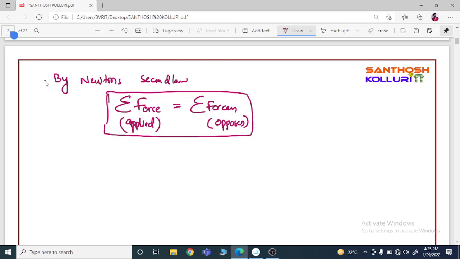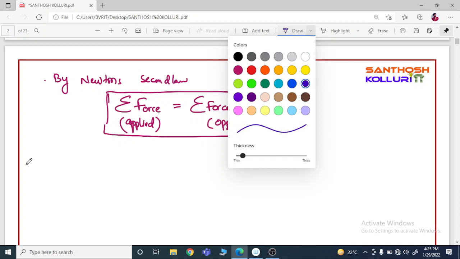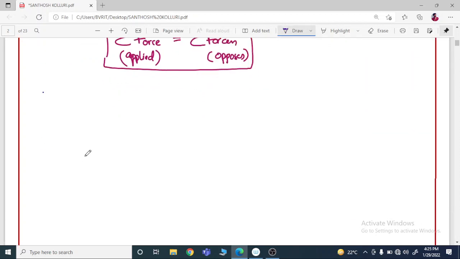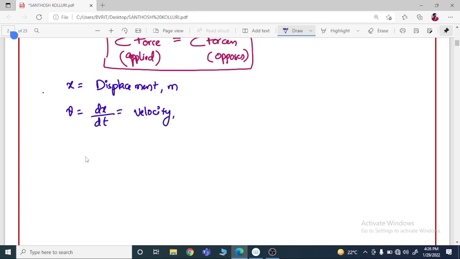Before going further, we will see the list of symbols used in the representation. First, X is the displacement, represented in meters. V is the differentiation of the displacement, which is velocity, in meters per second.